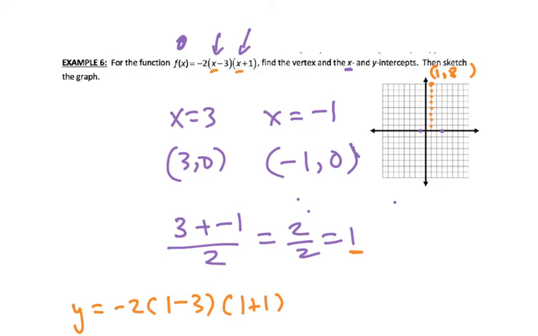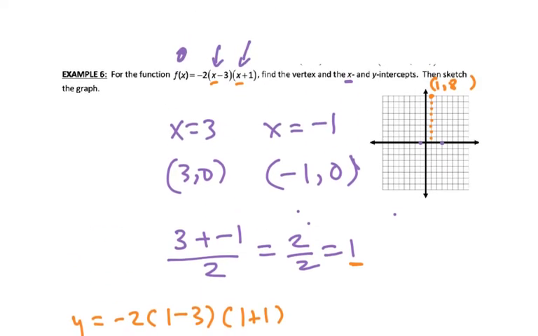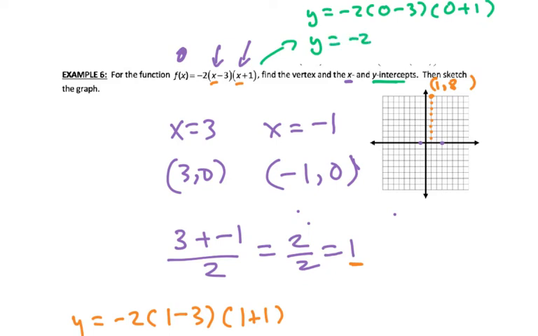And now the last thing I need to do is figure out the y-intercept. I'm going to do it over here. Again, we said the y-intercept is when x is 0. So y equals -2 times (0 minus 3) times (0 plus 1), which is y equals -2 times -3 times 1.